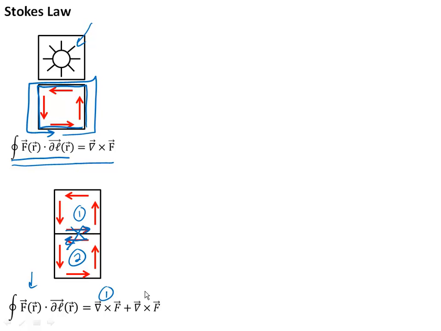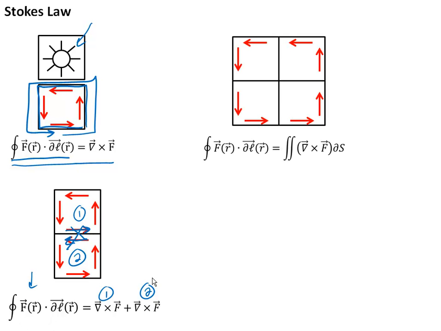So here's term number 1 and here's term number 2. Let's extend this even further. You can see that if we have 4 paddle wheels, the sum around the outside of a larger square is only going to be due to these components, because that component, that component, that component, and that component aren't going to contribute to our integral because they're going to cancel.